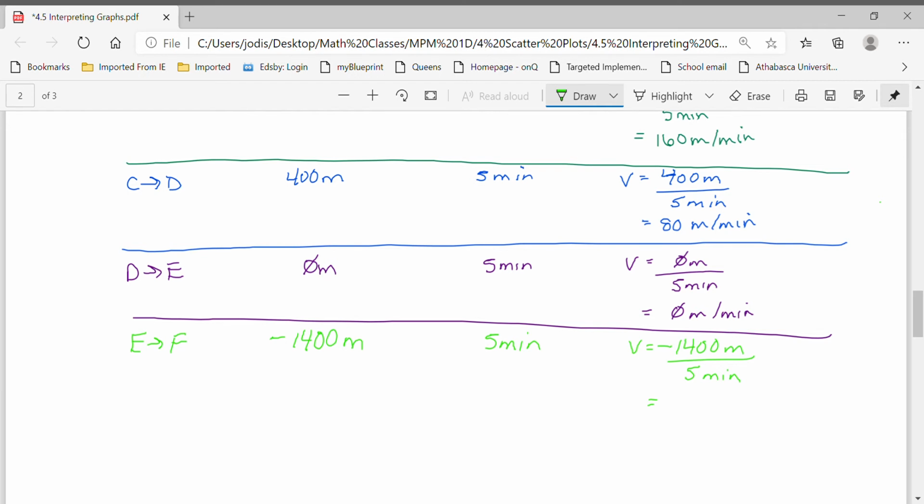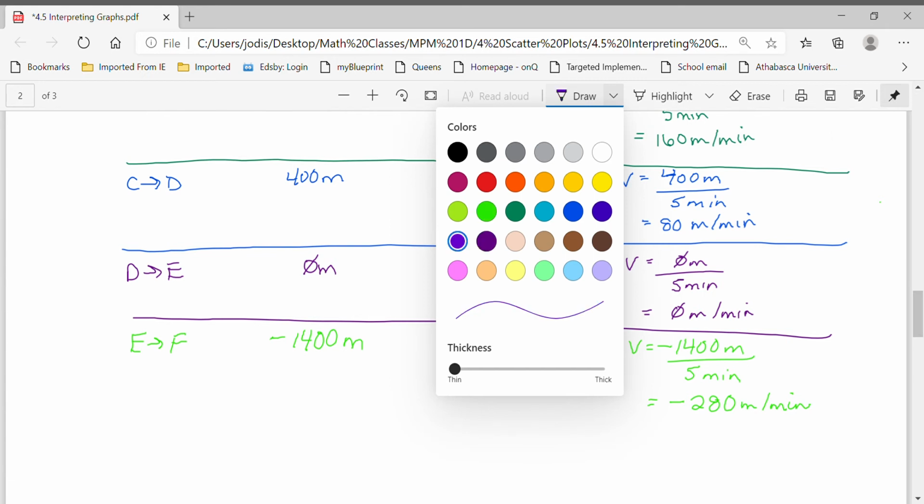Because we're going back towards our starting point, towards the sensor, make sure that distance is negative. And then 280 meters per minute. So watch out for those. Those are easy mistakes to make when you forget to put in that negative when you're going back towards the sensor. Okay, so that's the end of that question.